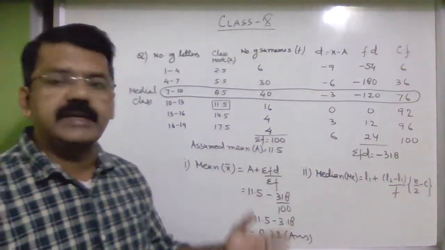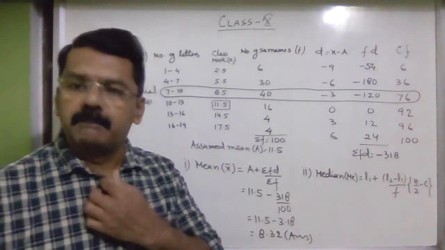I repeat, C is the cumulative frequency of the pre-medial class.